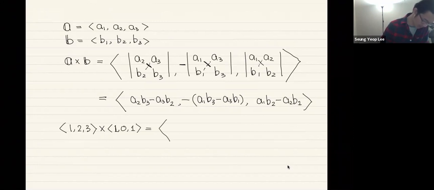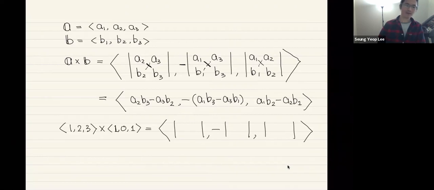Okay, then the first 4 numbers that we have to write are 2, 3, 0, 1, right? Here and here, and 1, 3, 1, 1 in the middle, and the last one is 1, 2, 1, 0.